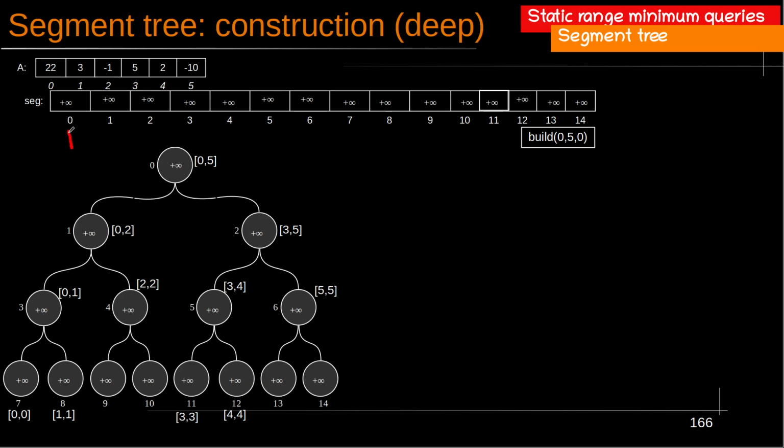The segment tree, you put it here. I talk about this one. This one is the range. I will look for the minimum from 0 to 5, and the answer will be in the index 0 in the segment tree.